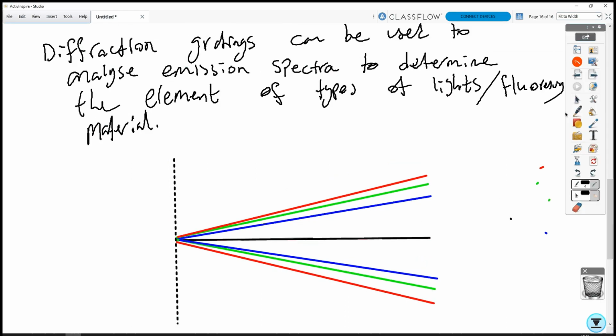So this being your n equals 0, and these being your n equals 1 spectrum.